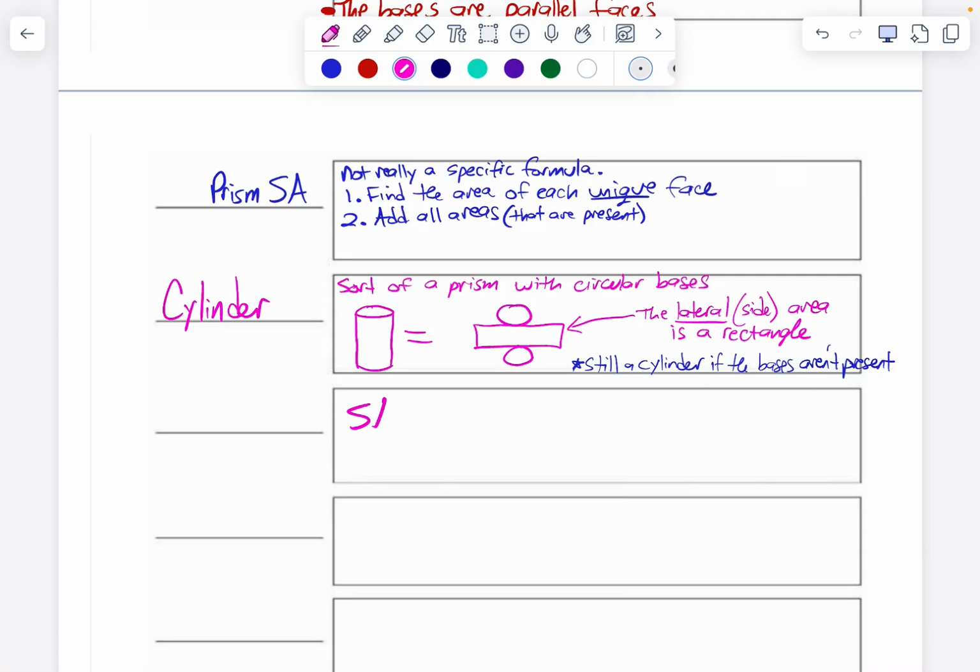So surface area for a cylinder is 2 pi r squared plus pi dh.